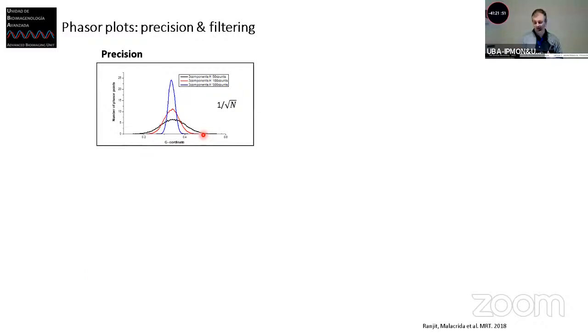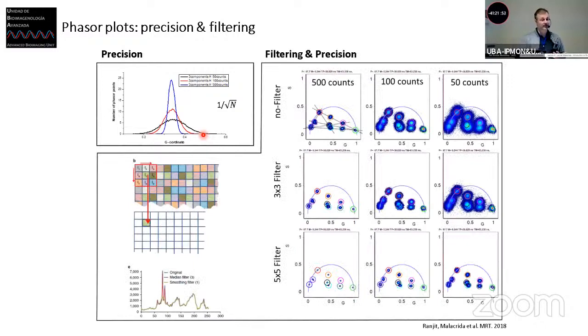But with the Phasor, we can use filtering in the Phasor space, not in the Cartesian space, where we would blur your image. Using this filter in the Phasor space will enable you to reduce the requirement of photons, your photon budget, and you will still have the precision to measure the lifetime with high accuracy.